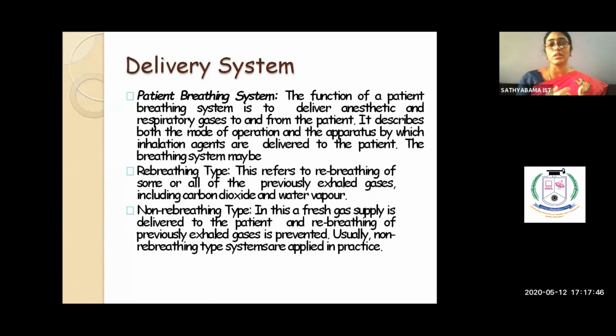Next is your patient delivery. We have tubes which will be coming, and you have a mask on the patient. This will be coming through the tubes and going into the patient. That's what a patient breathing system is. It takes the anesthetic agent into the patient, and whatever I'm exhaling will be taken out into the atmosphere.